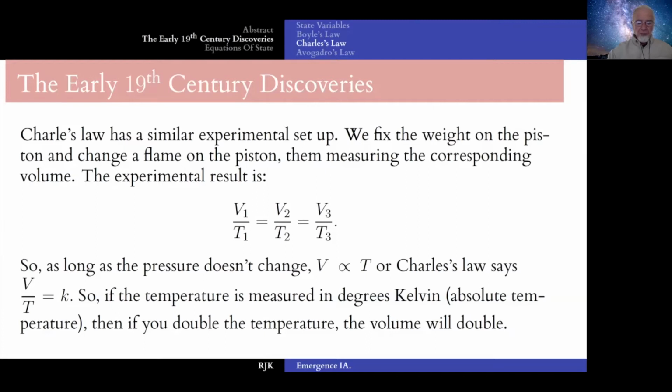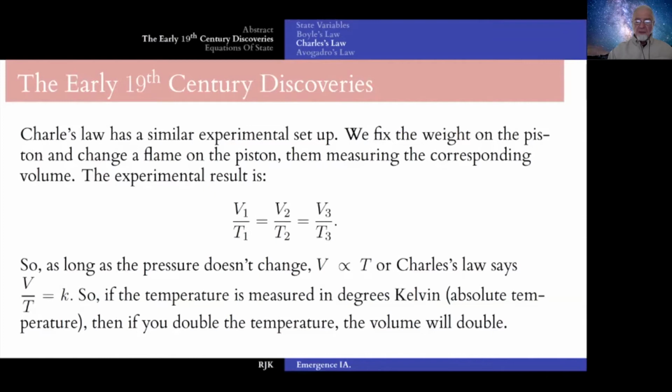If you do it for 3 different temperatures, you'll find 3 different volumes. But the ratio of the volume to the temperature is again identical. So as long as the pressure doesn't change, the volume is proportional to the temperature. And Charles' law says that volume over temperature is equal to a constant.